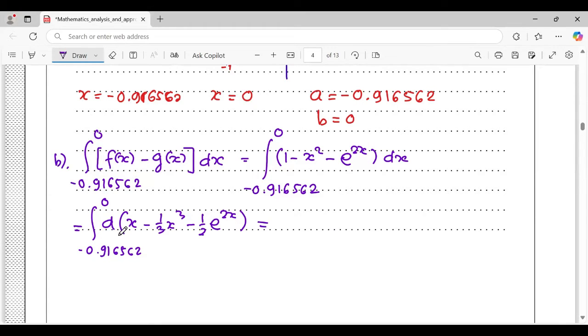If we substitute -0.916562 and 0 into this x, you're going to find the result is 0.2323985, or approximately 0.24.